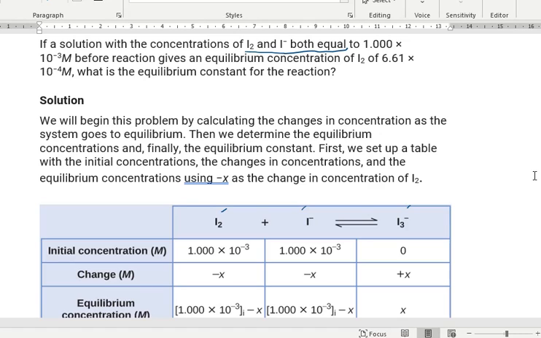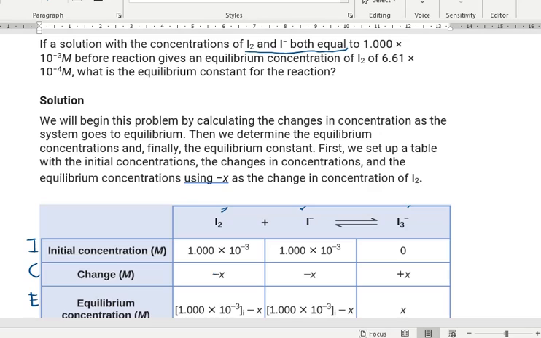So, of course, you have no product yet, because it is still initial. You only mixed these two. Your two reactants are what you mixed. So, that means, initially, your product is 0. Okay? This is what we call the ICE table. Okay? So, the change before equilibrium would be minus x, right?